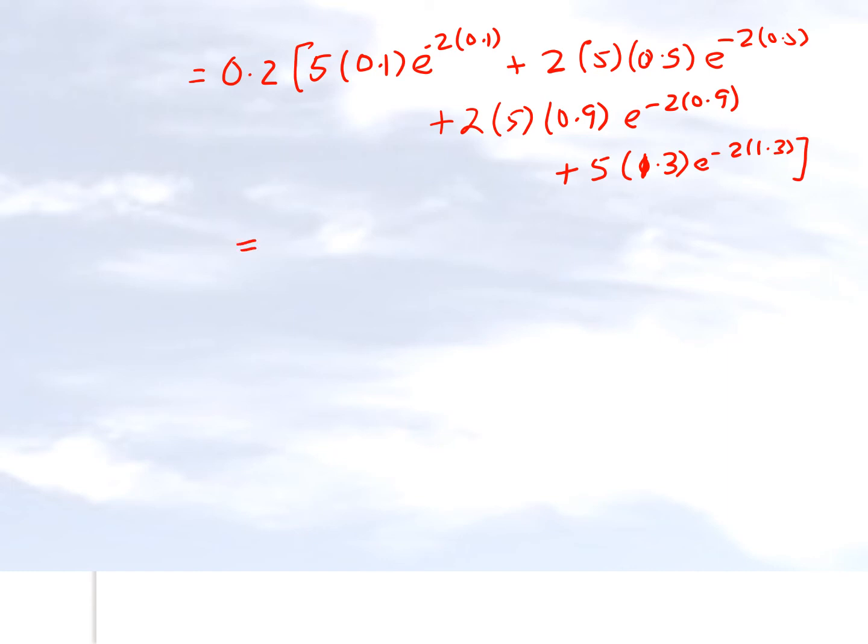If we do all these calculations, we get 0.84385 as the approximate value of the integral.